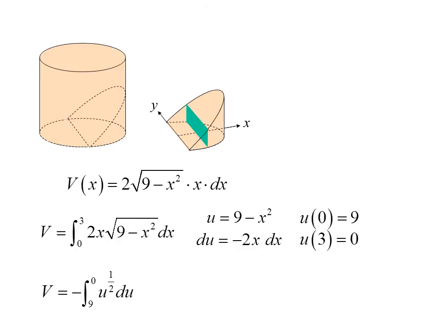So our volume now becomes negative the integral from 9 to 0 of u to the 1/2 du. Taking the antiderivative, we have 2/3 u to the 3/2, and we drop the negative sign, so we reverse the limits of integration. So now it's from 0 to 9.